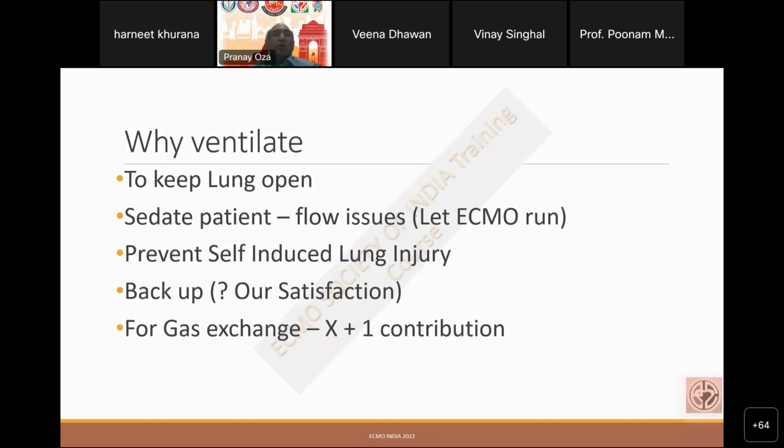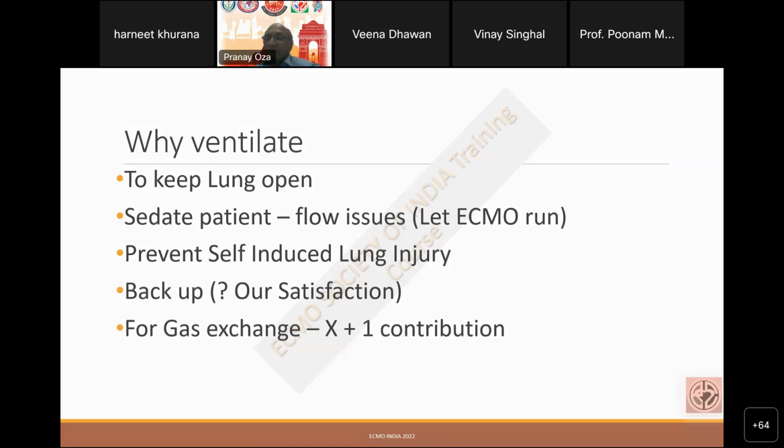Okay. So all of us know why we ventilate the patient: to keep the lungs open, to sedate the patients, because there are sometimes flow issues. We get asynchronous breathing and then we don't get enough flow, so we have to sedate the patient. Prevent self-induced lung injury, because if the respiratory rate is high, we have to do that.